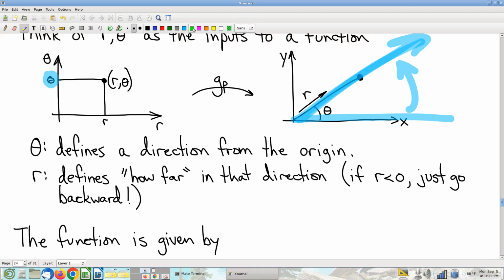If r is positive, then yeah, you go in that direction. If r is negative, you just go backwards. You just go the exact opposite of that direction. So it's exactly what you would think, right? Negative is the exact opposite of positive. But again, technically, not a distance. Distances are, again, intrinsically positive. Let me pause on that for a second. Is everybody on board with what I'm talking about there?